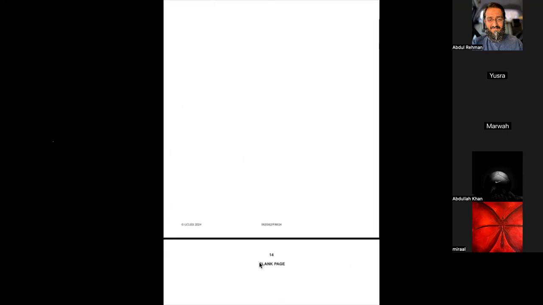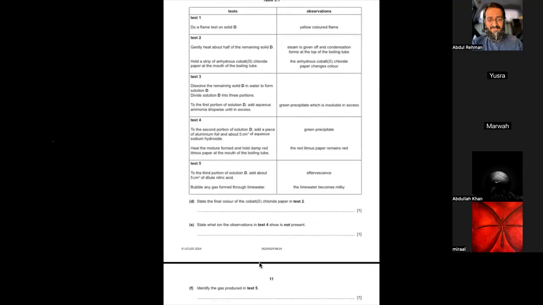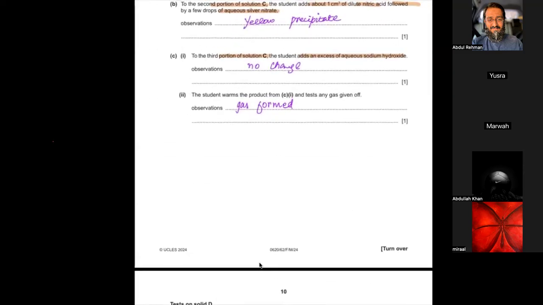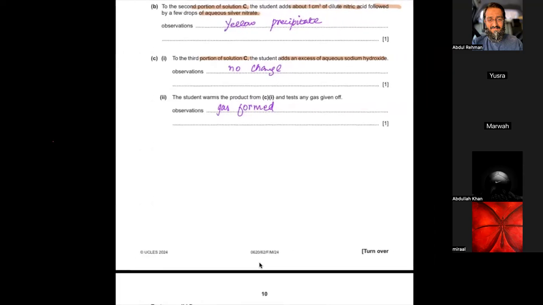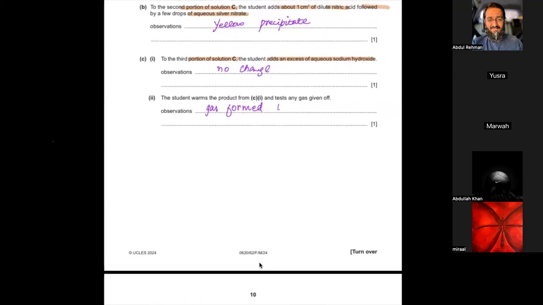So you are going to write both the things over here, as they have mentioned, write the test as well. So gas forms, turns damp red litmus paper blue.